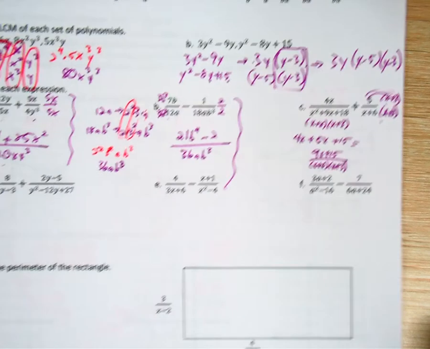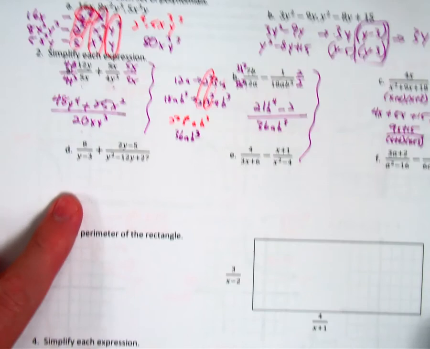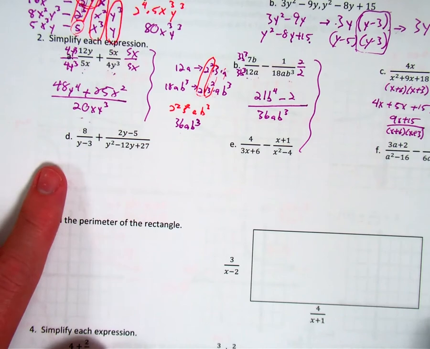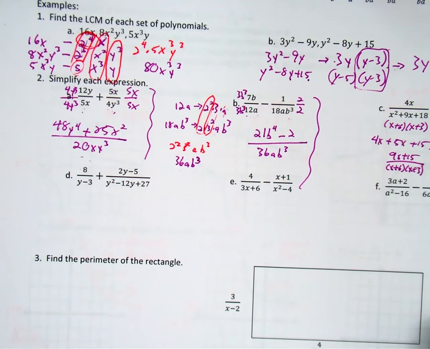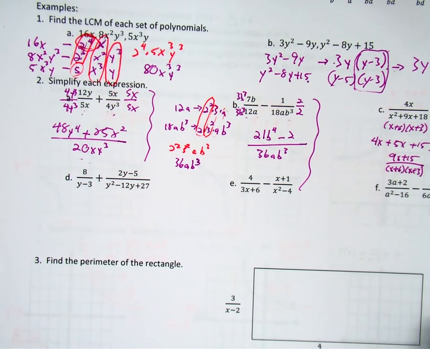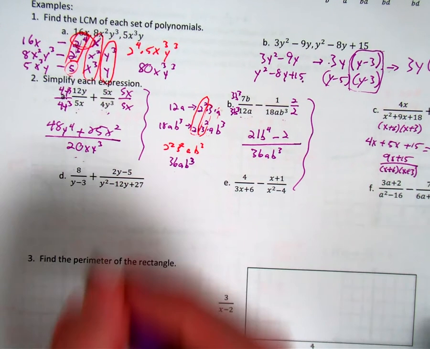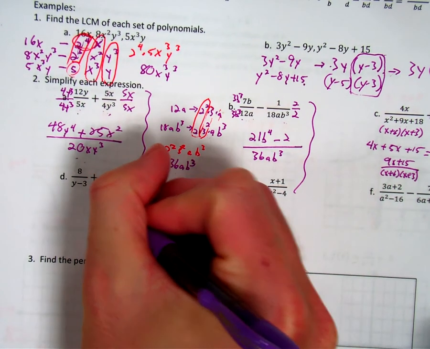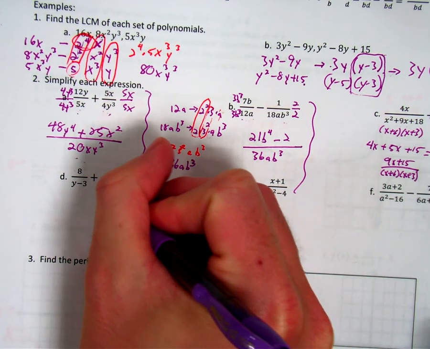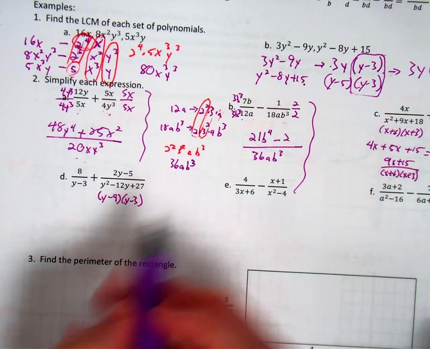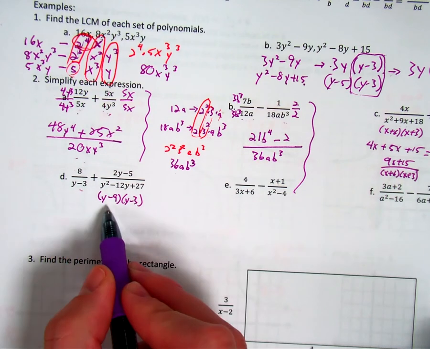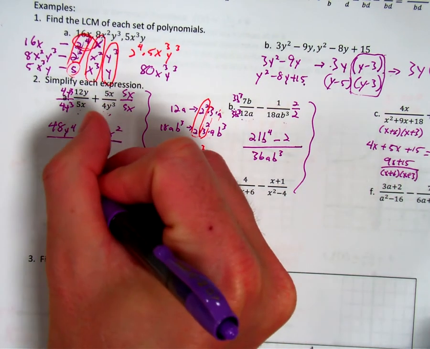Okay, let's have you push pause down here on number 4 or on D, and let's see if you can take what we did here. It should be pretty similar to C, and see if you can do that one. Go ahead and push pause. All right, if we're looking at this now, guys, we got y minus 9 and y minus 3. This one already has the y minus 3, so I'm just missing the y minus 9.